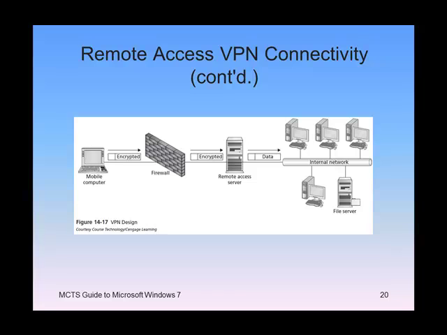When you create a VPN and connect to this remote access server, it's going to give you another IP address, an IP address on the internal side of the private network, so that you actually become part of that private network.